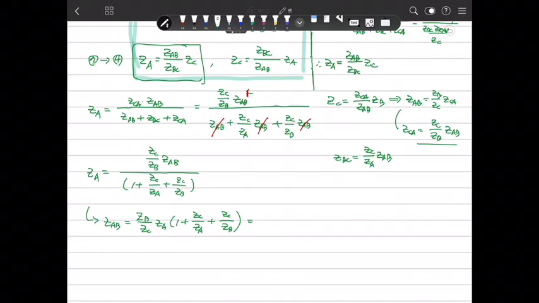Therefore, you can simplify that: GAGB and GAGB plus GBGC plus GCGA and GCGBGA.